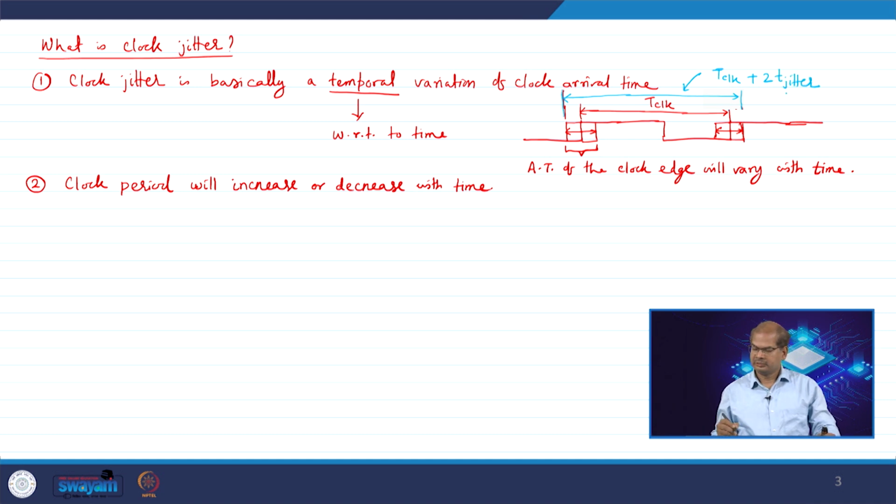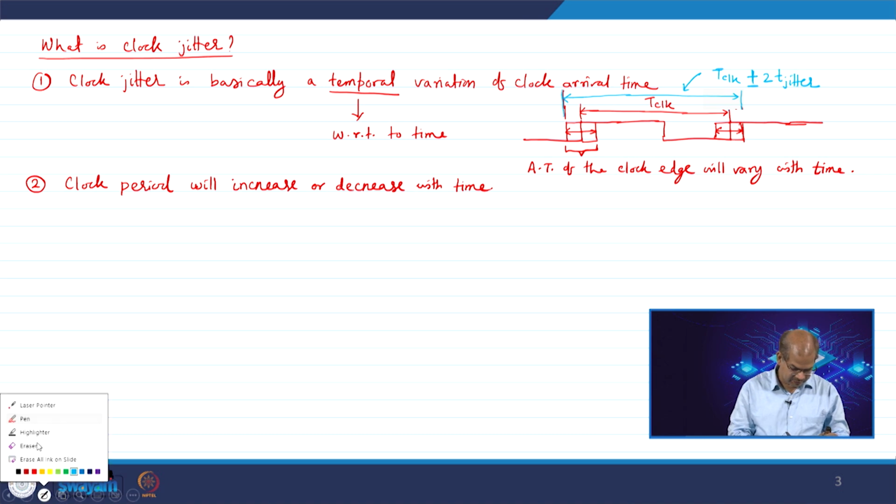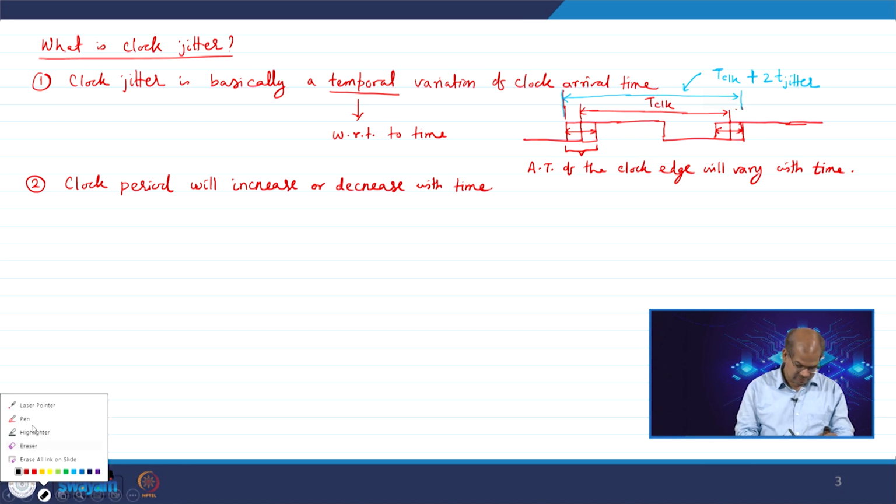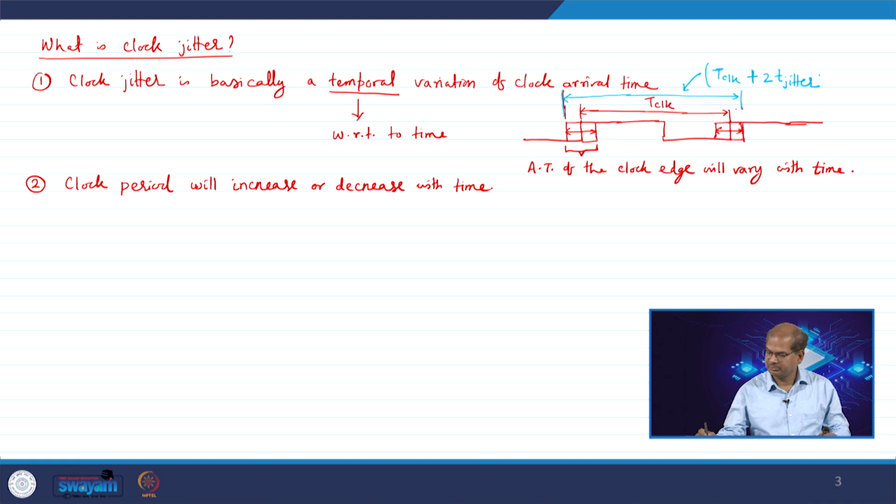This will be plus or minus. Whatever I showed is the plus one, but it can vary to minus also. So, this is the maximum time period I showed, and it also has a minimum time period.